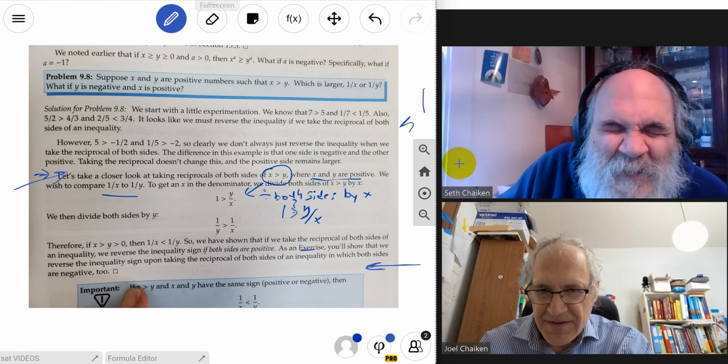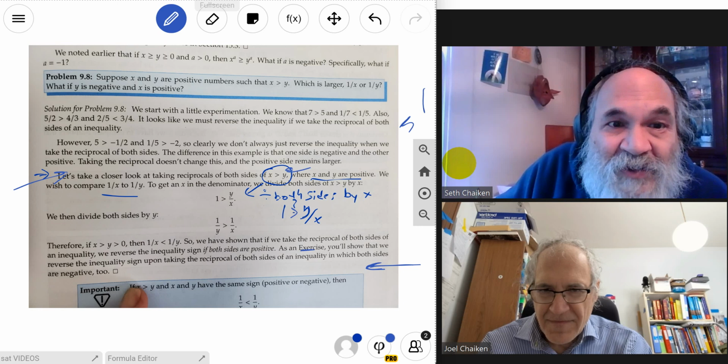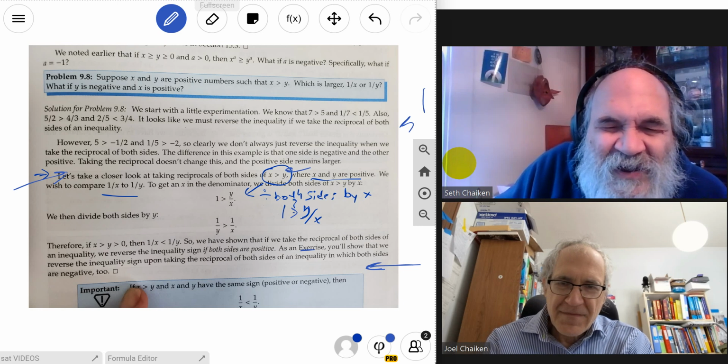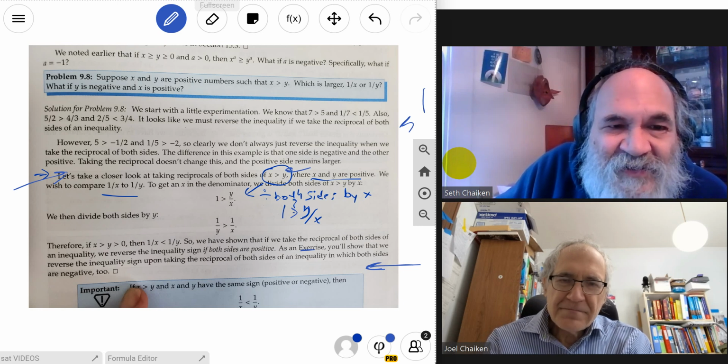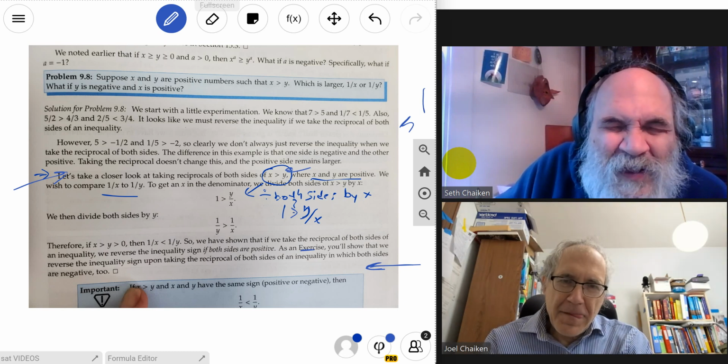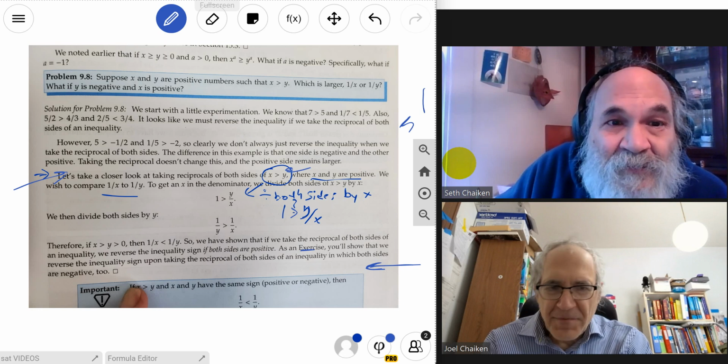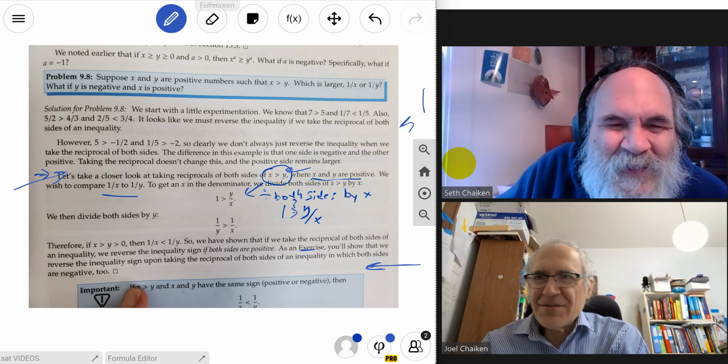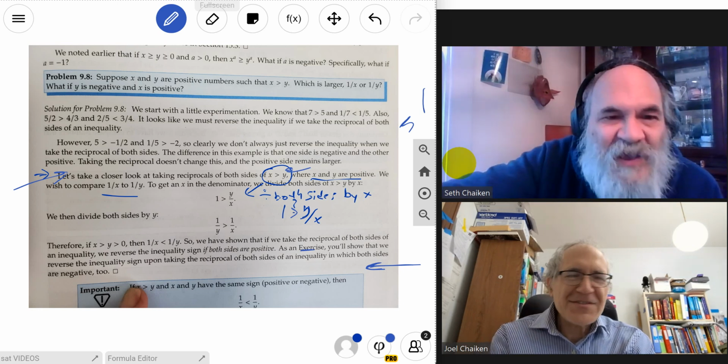Because you're dividing this. I know, but what is the origin of the truth that if you have the inequality going this way, if you divide both sides by a positive number, the inequality stays in the same direction? That's a great question. Okay, well, it's an assumption.